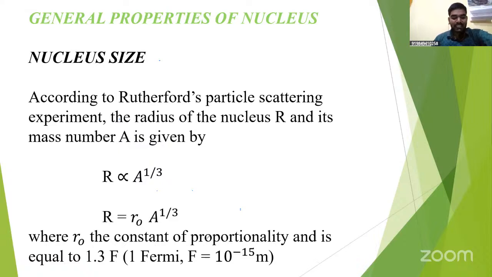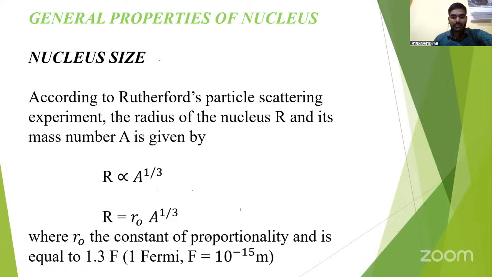Nuclear diameters can be measured in two ways: by scattering of fast protons or neutrons, and by scattering of high energy electrons.